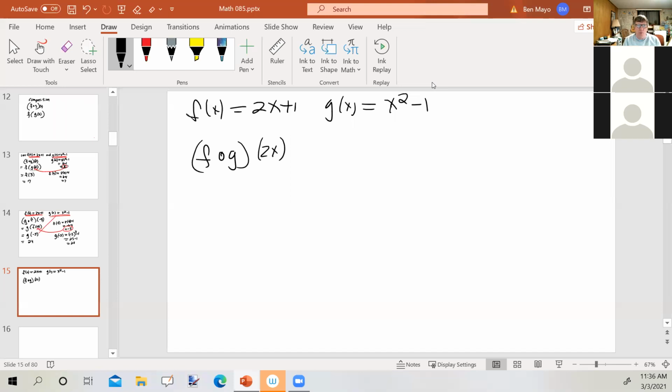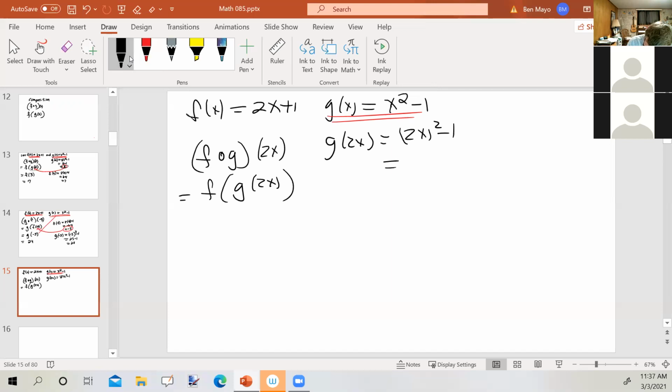So that means we're going to put 2x in the place of x. So F composed with G of 2x equals F of G of 2x. All right. So over here, G of 2x would be 2x, the quantity squared, minus 1, which is 4x squared minus 1.